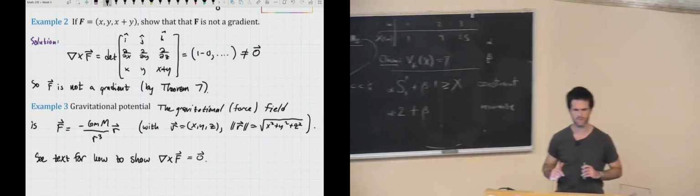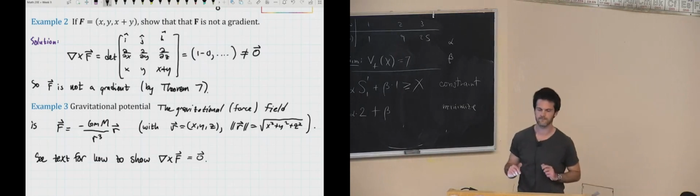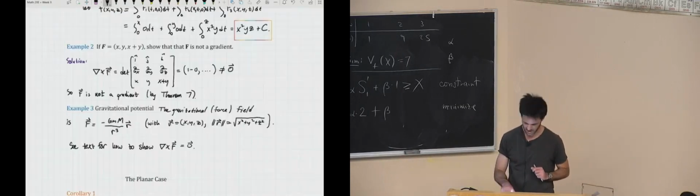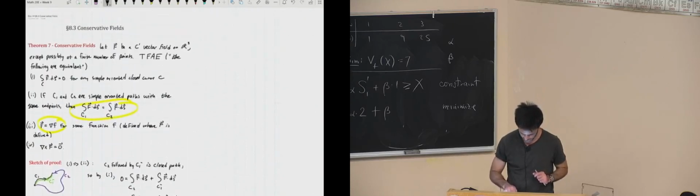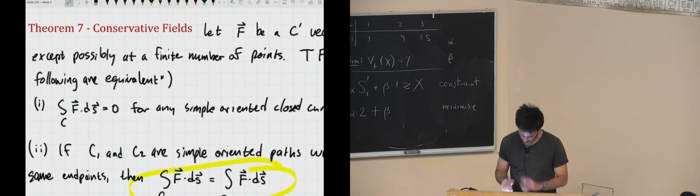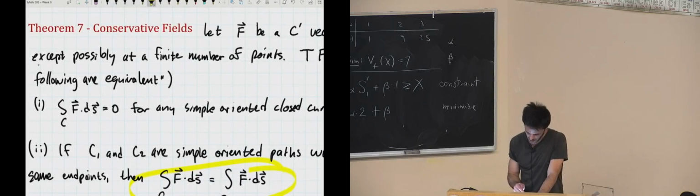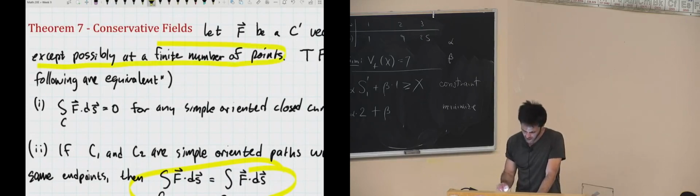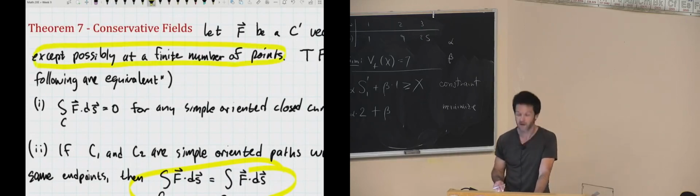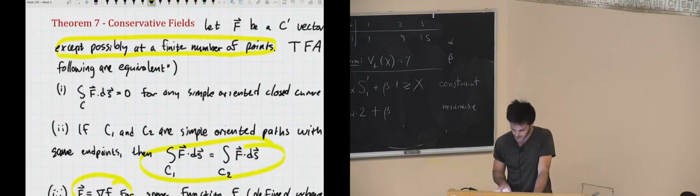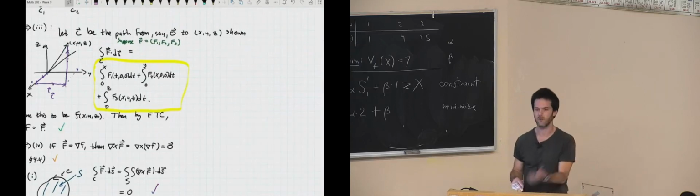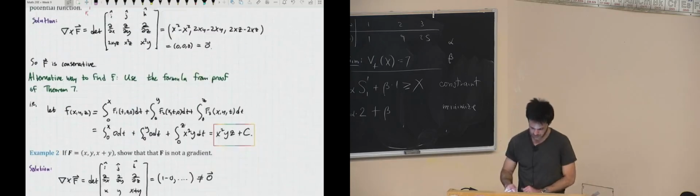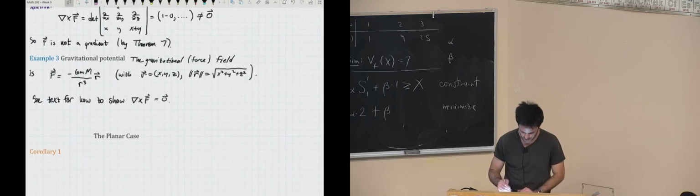Or wait, was it Mark? Mark. Yes, exactly. If you read the theorem carefully, you can have discontinuities. You can have it not be C1 at a finite number of points, and the theorem still works. This one is not C1 at exactly one point, the origin, so the theorem still holds.